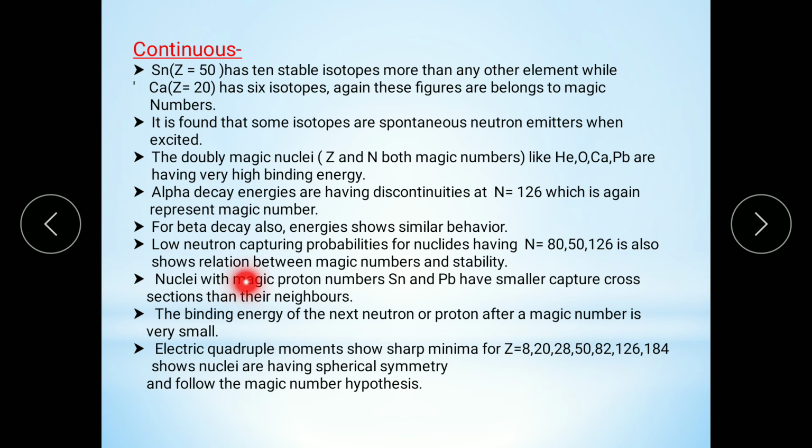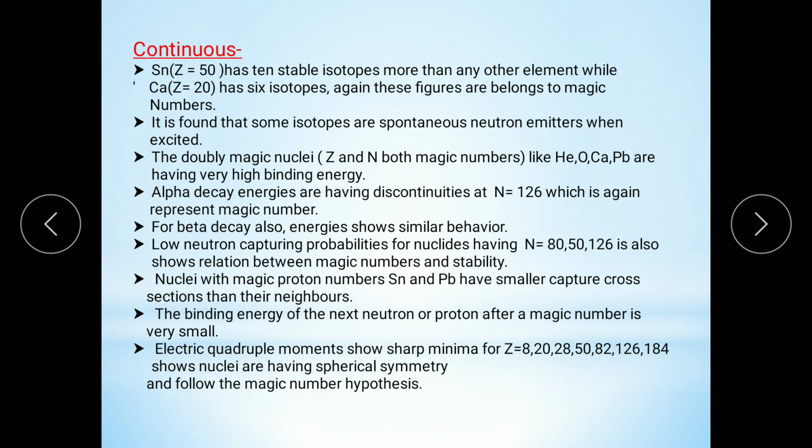They have a small capturing cross section compared to their neighbors, because the neighbors' neutron number is not a magic number. That's why the neighbors have a high capturing probability as compared to Sn and Pb.